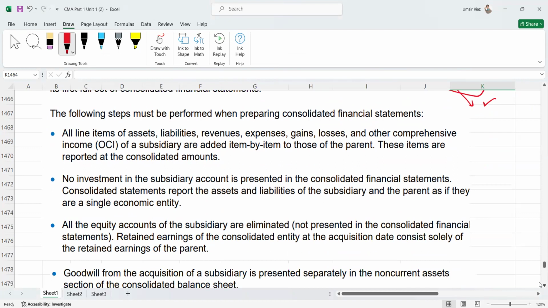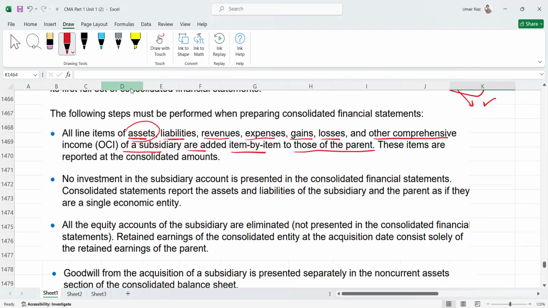financial statement. Step number one is all line items of assets, liabilities, revenues, expenses, gains, losses, and other comprehensive income of a subsidiary are added item by item to those of the parent. So simply, when you prepare consolidated financial statements, you take assets of parent plus assets of subsidiary equals consolidated assets, right?